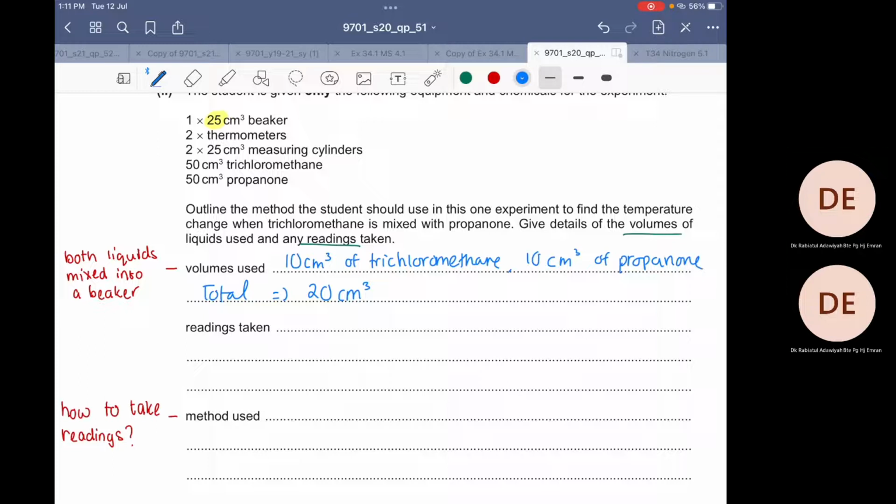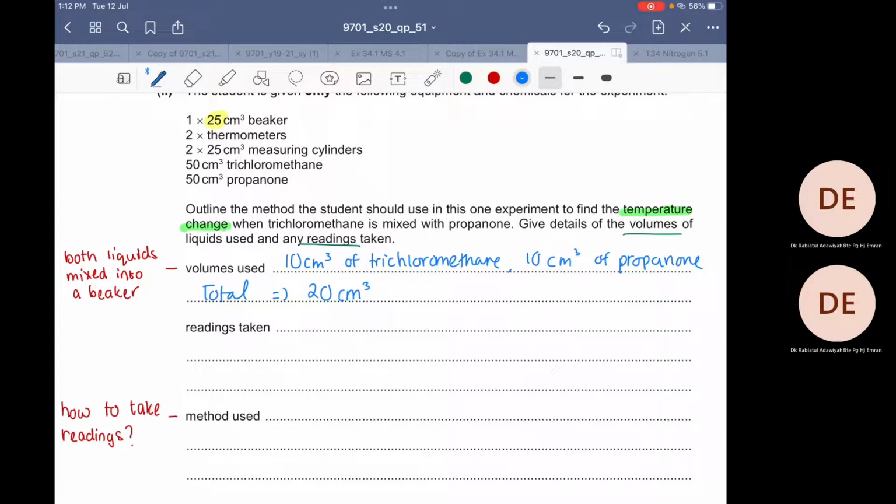All right, readings taken. So you want to find the temperature change. What do you need if you want to find temperature change, delta T? How do you find delta T? Initial and final, or the highest temperature.